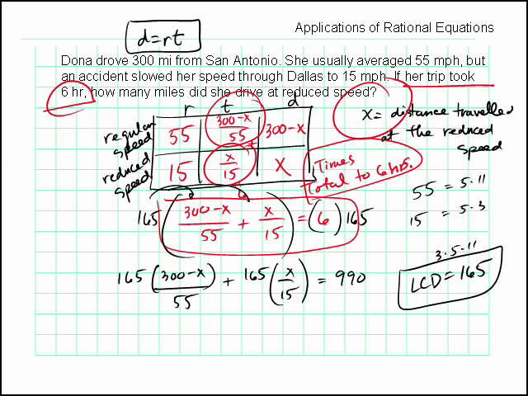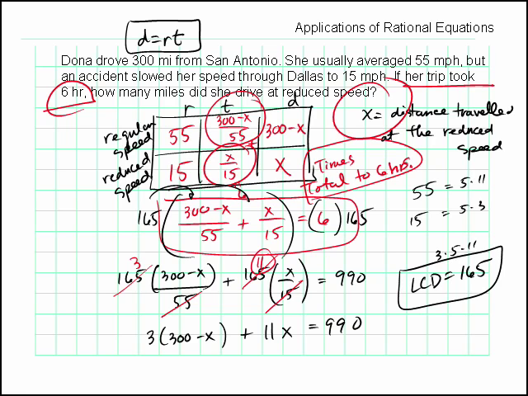Distribute, or actually I could reduce a little bit. 15 goes into 165 exactly 3 times, so this is now 3 times 300 minus x. 15 goes into 165 exactly 11 times. So that's 11. This is 11x. Oh, that's a plus sign, isn't it? I'm sorry about that. And this equals 990.